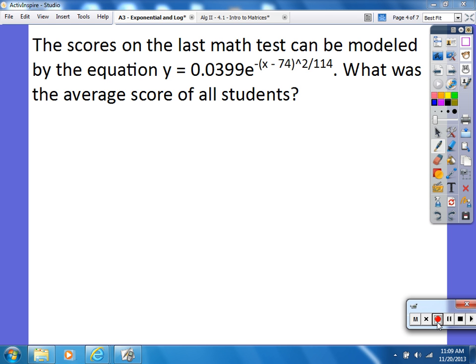Okay? But the average is the middle, right? The middle, 50%. And it's always that number. So the average was a 74%. Wow. This is actually one of those Gaussian models again. So the middle 50% is always that number.